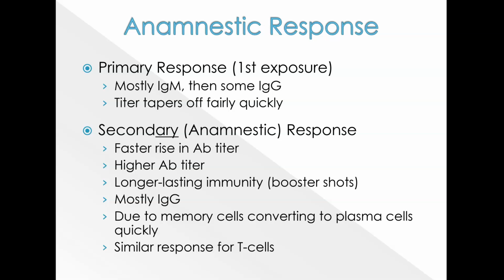The anamnestic response is basically the difference between your first exposure to antigen and your second exposure. So upon your first exposure, you mostly have an IgM response to that pathogen. And your antibody load will basically go away fairly quickly because IgM doesn't last very long in your bloodstream.